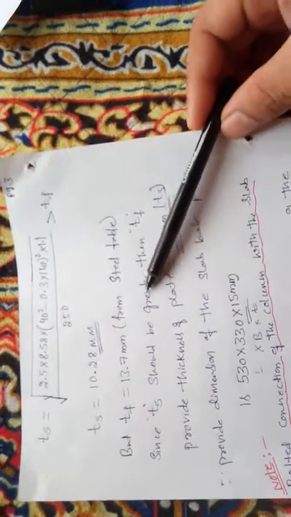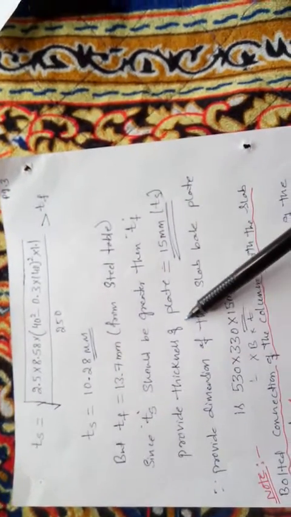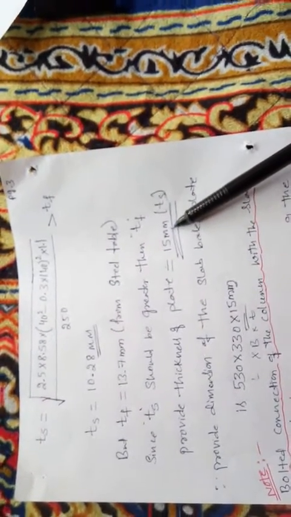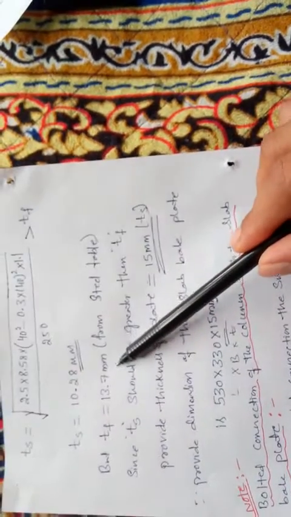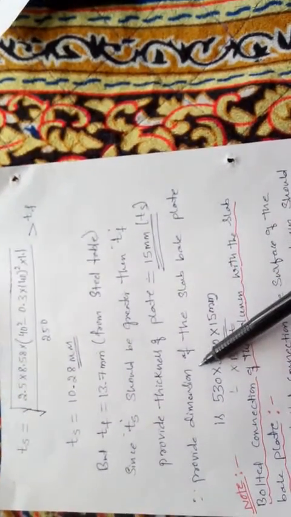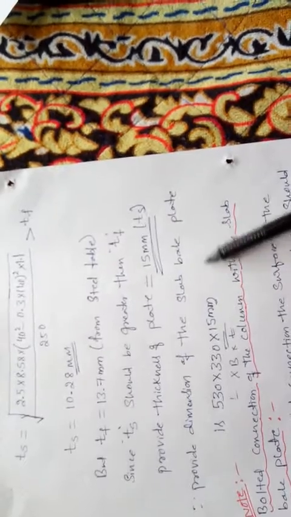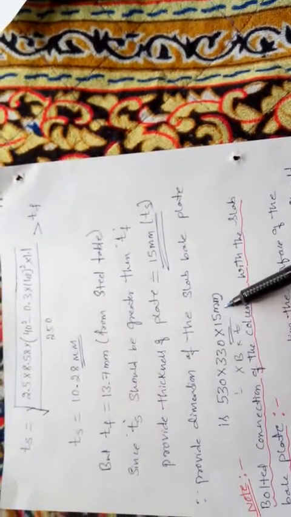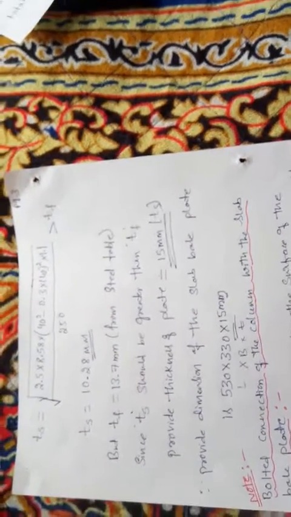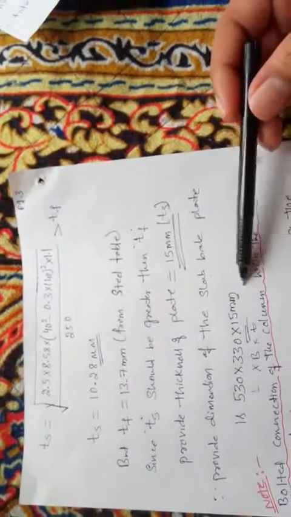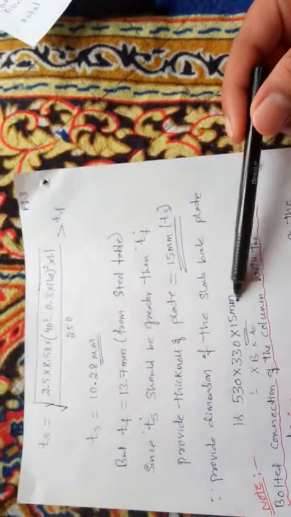The thickness should be greater than the thickness of the flange, so you can provide 15 mm. Let us provide the dimensions of the slab base plate as 530 into 330 into 15 mm. So this is the actual dimension for the slab base plate.